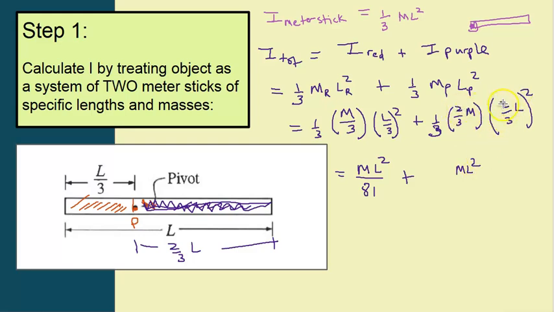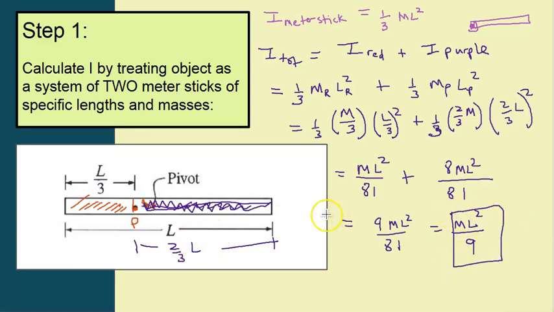And then we got a 2 times 2 more 2, so that's an 8, 4 times 2, also over 9 times 9, or 81. Things are going to clean up a lot because 8 plus 1 is 9 ML squared over 81. And then 9 goes into 81 9 times.